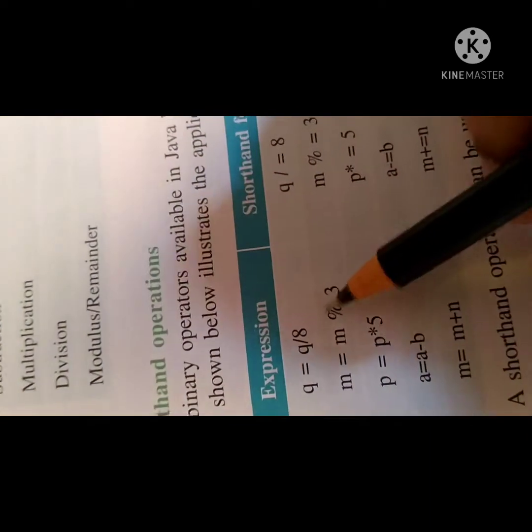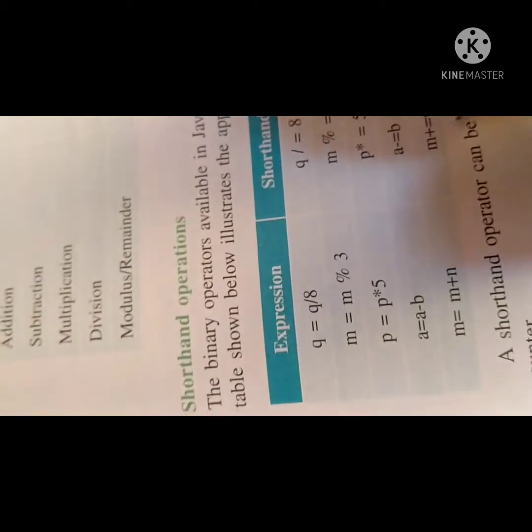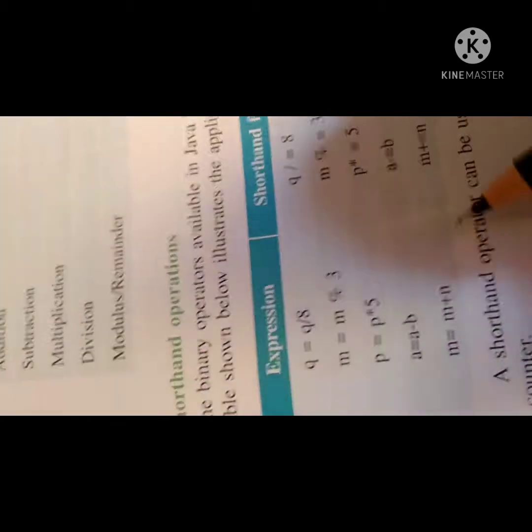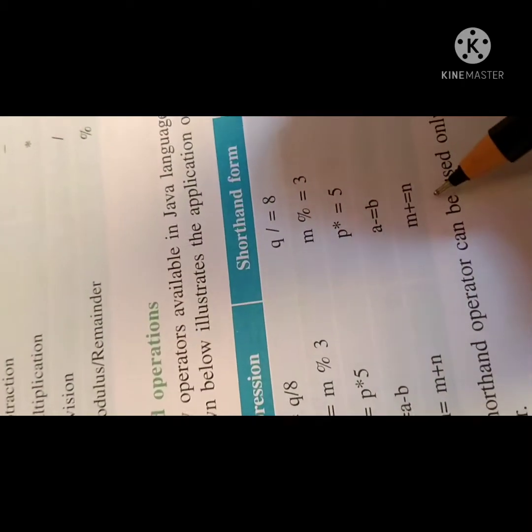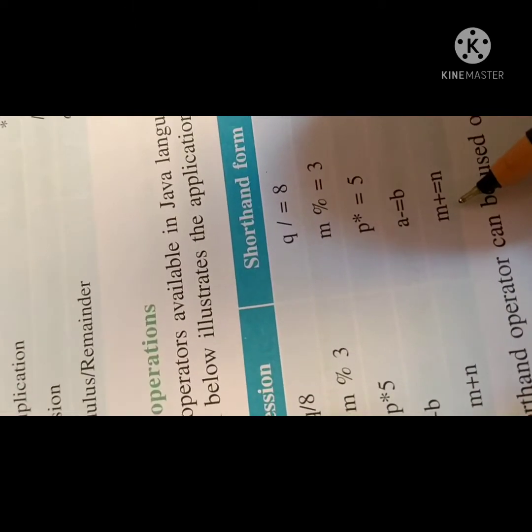Like this, we write these types of shorthand forms in an increment or decrement operation, or when we want to save time. This is a good programming technique. When you write m plus equal to n, it means m equal to m plus n. Okay, this is called the shorthand form of operations.